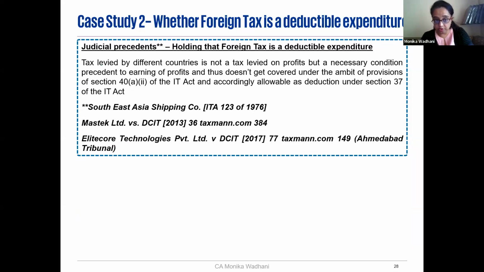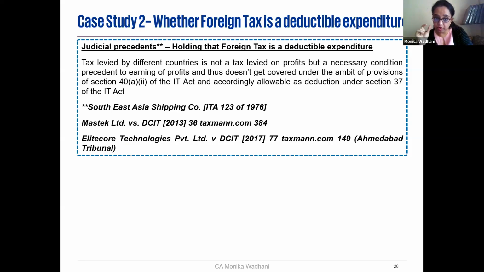In case of Southeast Asia, followed by Mastec and followed by Allied Core, in another ruling of Ahmedabad Tribunal, the proposition which has been upheld is that taxes which are levied by different foreign countries is not a tax levied on the profits, but it is a necessary condition precedent to earning of the profits, and thus doesn't get covered under the ambit of section 48(2) of the IT Act, and accordingly allowable as deduction under section 37 of the IT Act.